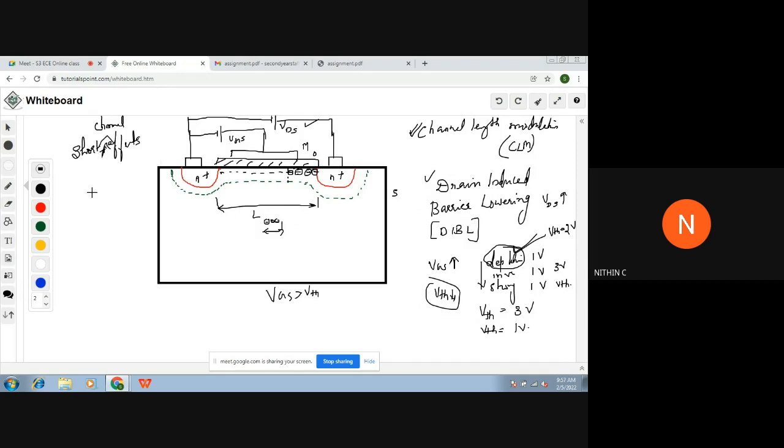Short channel effects. ഏതൊക്കെ? Channel length modulation is evident in short channel effect. Drain induced barrier lowering is also a short channel effect. So this is nothing but as VDS is increased, the width of the depletion layer increases, leading to a reduction in the threshold voltage. Your single sentence on drain induced barrier lowering, the main concept: as VDS is increased, അത് നിങ്ങൾക്ക് ഇങ്ങനെ റെപ്രസെന്റ് ചെയ്യാം.